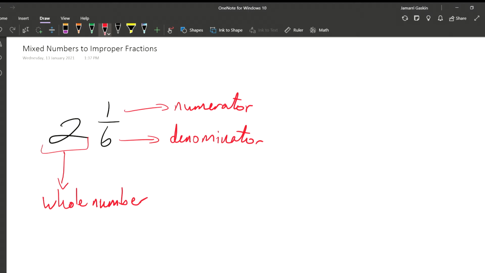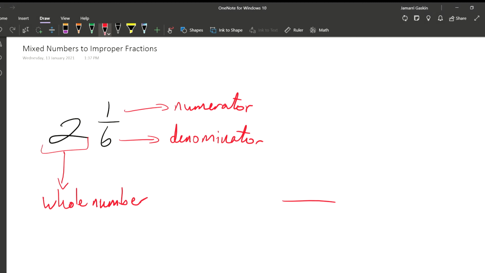Now, to convert this mixed number, 2 and 1/6, into an improper fraction, we have to do something unique with these numbers. Just to remind you, an improper fraction is a fraction where the numerator is bigger than the denominator.